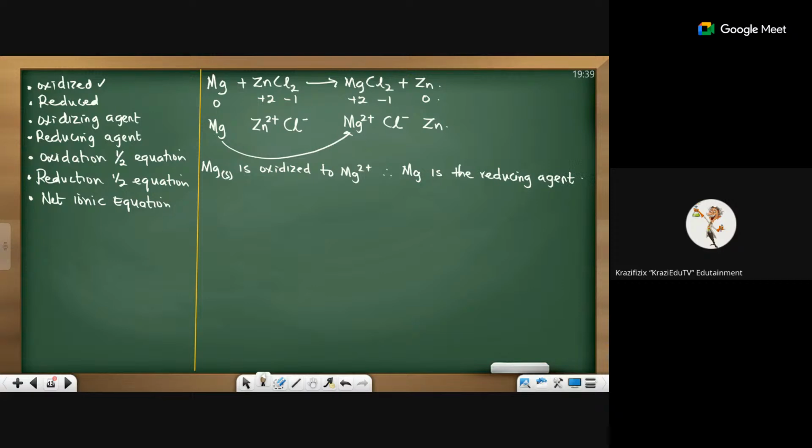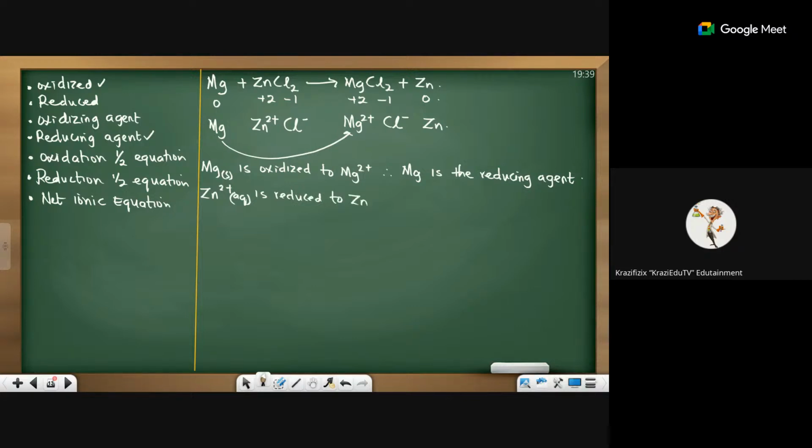I am done with number 4. Whatever is oxidized is the reducing what? Agent. Okay? Can we go to the zinc part? Guys, my answers are on the left. Zinc 2 plus, which is aqueous because it's an ion, is reduced to zinc.